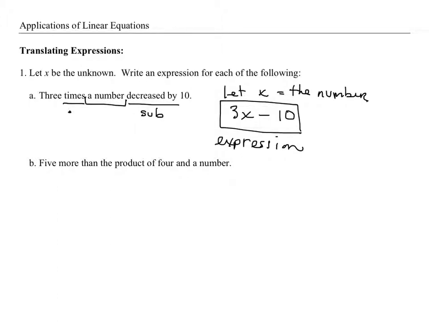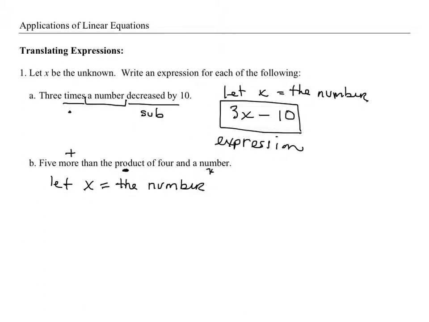Okay, B. 5 more than the product of 4 and a number. Tricky. Again, I'm going to let x equal the number. So I could write a little x there. Product means multiply. A little dot there. More than means add.